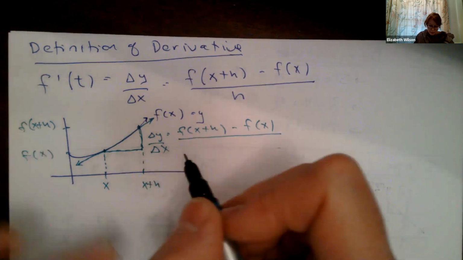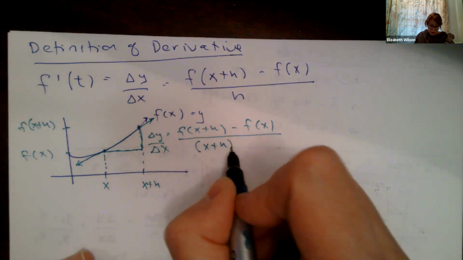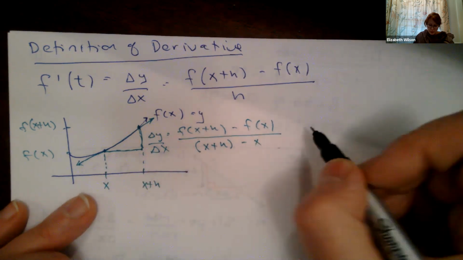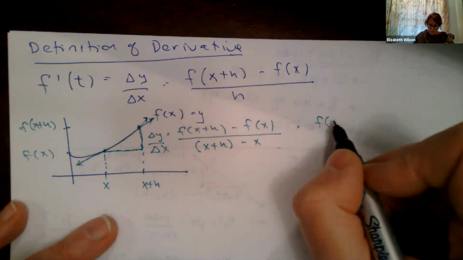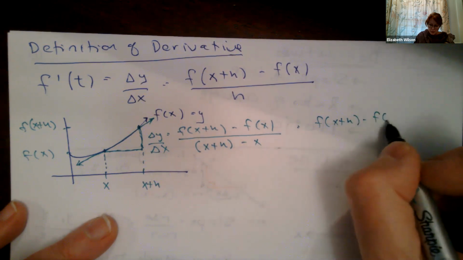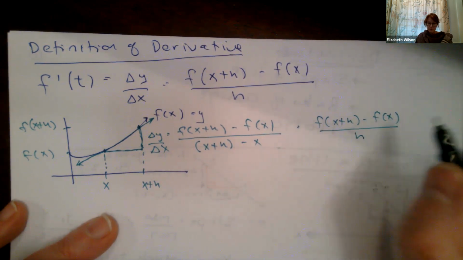So this is x plus h minus x. So it comes out to be f of x plus h minus f of x all over h.